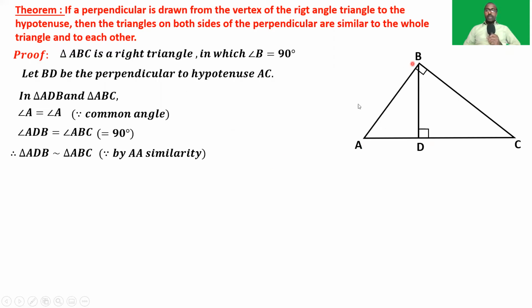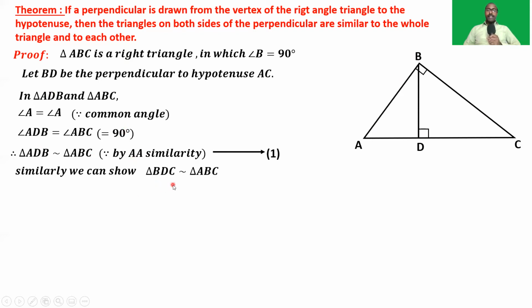Now, take the second one, that is on the right side of this perpendicular: triangle BDC. This triangle BDC is also similar to the whole triangle ABC. We can show it similarly in this way.